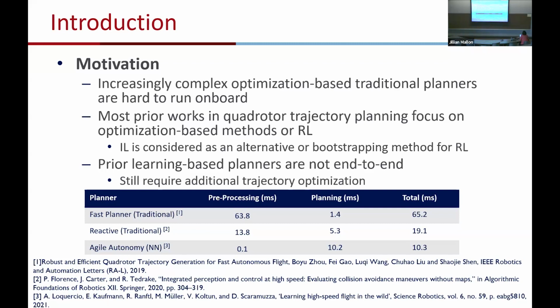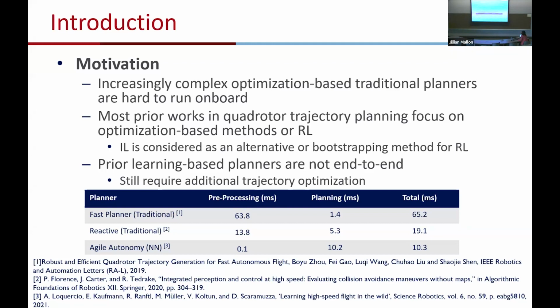This issue is further amplified by the fact that the traditional planner typically decouples the planning process into several different sub-modules for things like converting the depth image to point cloud or generating the safety corridor for planning, etc., which generate additional communication costs, which then further amplify the total computational overhead. And therefore, we need a way to reduce the computational cost of traditional optimization-based planner.